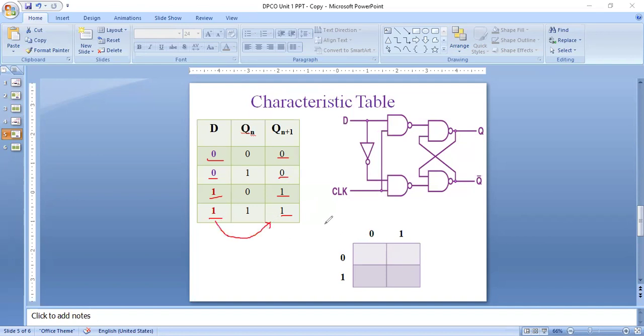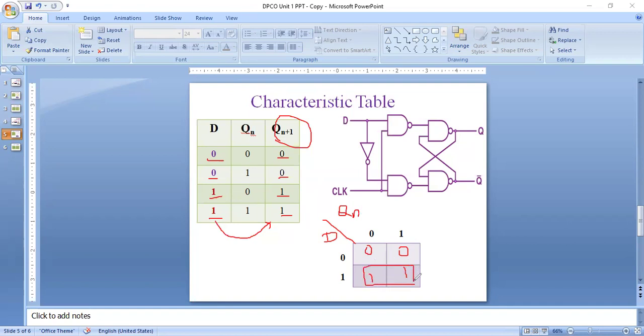Coming to the characteristic equation. So here we are having Qn plus 1 as the output, whereas inputs are D and Qn. So only two inputs, so two variables, D and Qn. What is the value here? 0 0, next state is 0. 0 1, next state is 0. 1 0, next state is 1. 1 1, next state is 1. So here we can make two groupings.